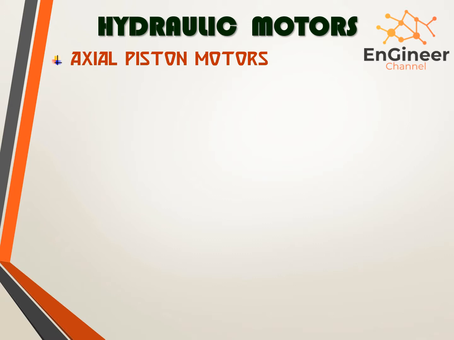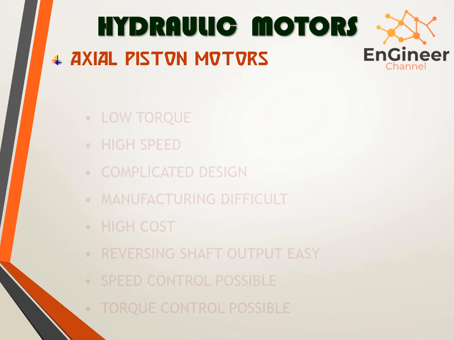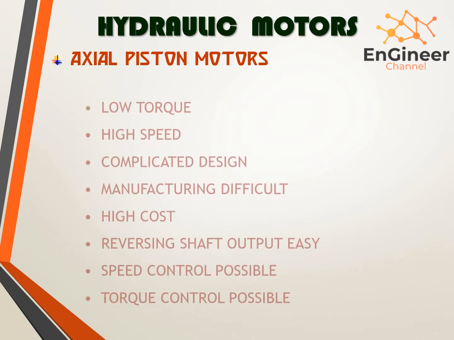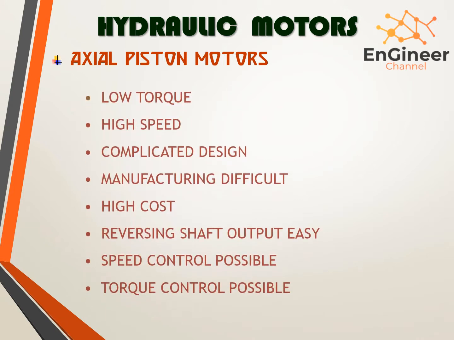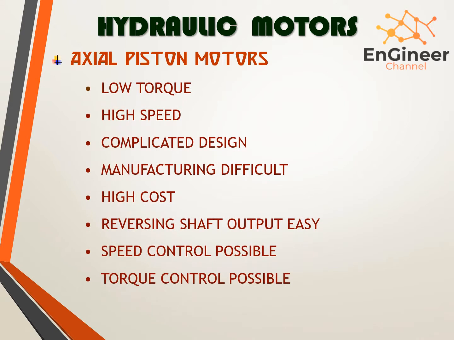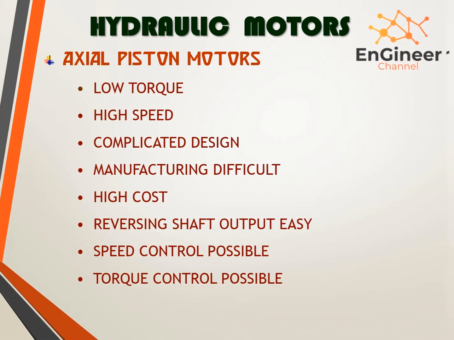Now let's discover the axial piston motors. This type of motor is low torque, high speed, complicated design, difficult manufacturing, high cost, reversing shaft output easy, speed control possible, and torque control possible.